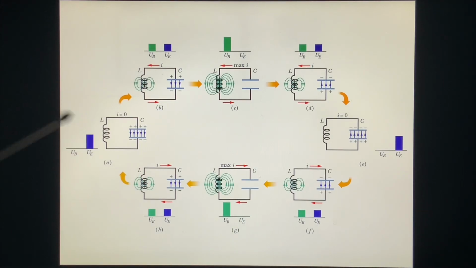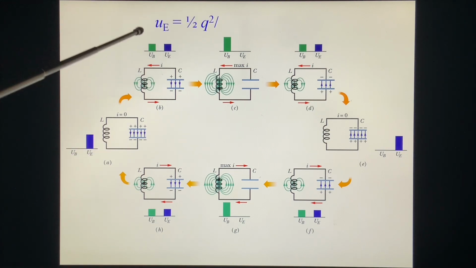Now we look at this picture. We start from here, where the capacitor is fully charged, with positive on the top and negative on the bottom, and no current in the circuit. In this case, the capacitor has the maximum energy.